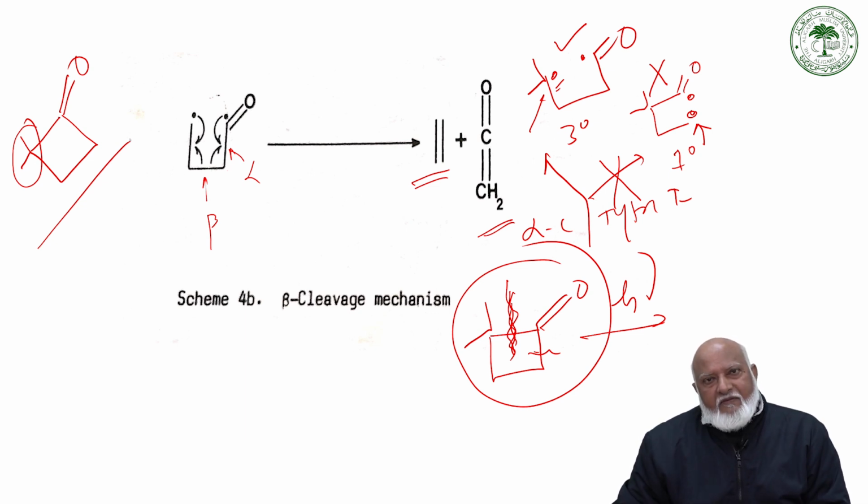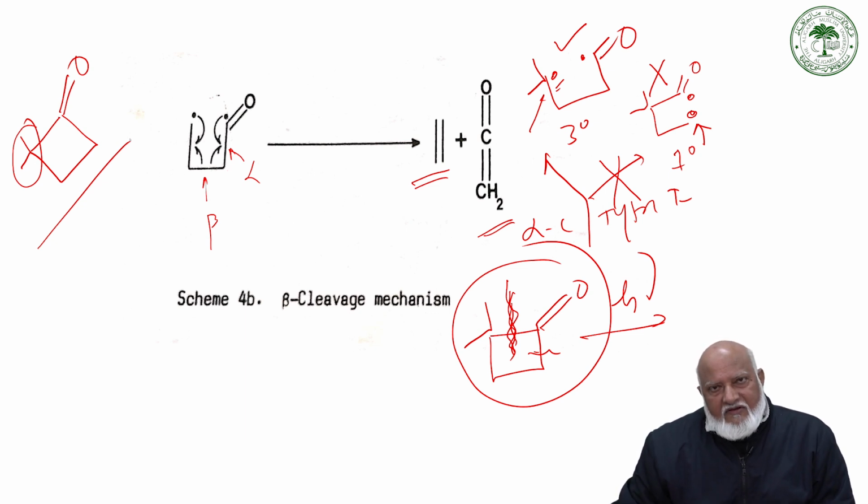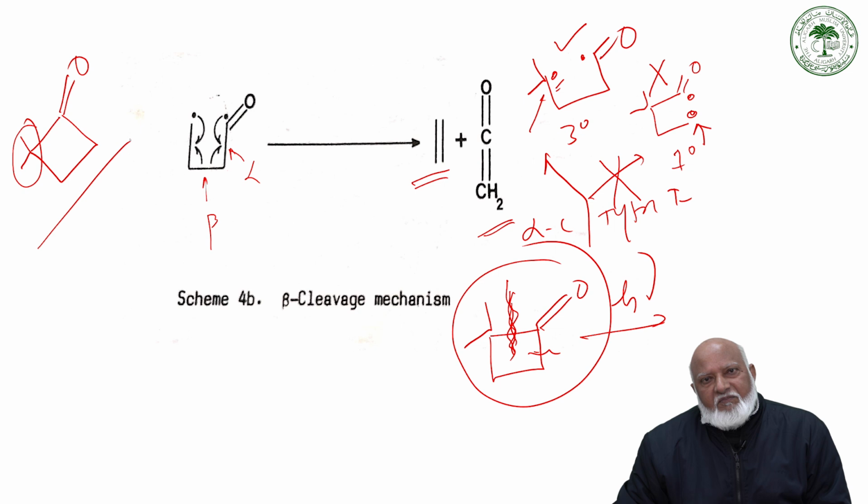But this is again not always the case. So we will see what the exceptional cases are, where although it is more stable, although it is tertiary, it still doesn't form and it is preferred to cleave the primary. So we are going to discuss a few of these examples. Thank you very much.